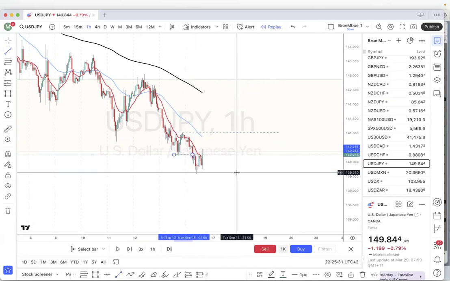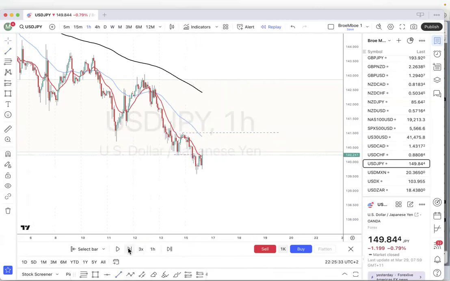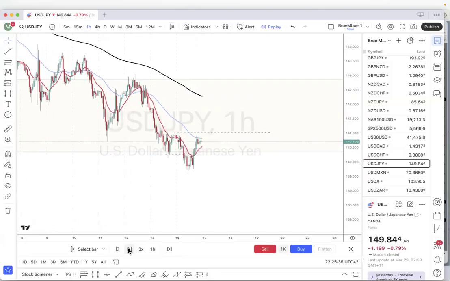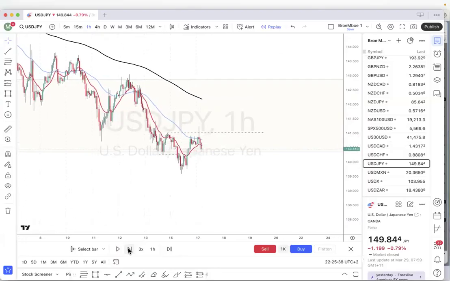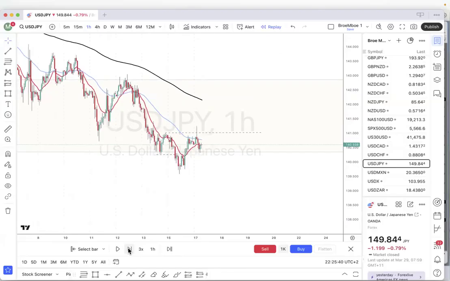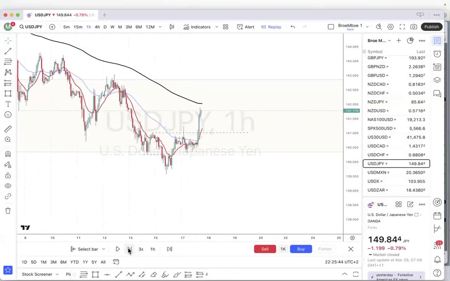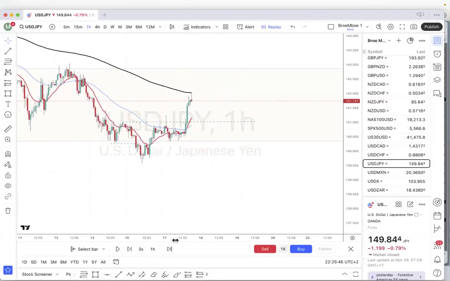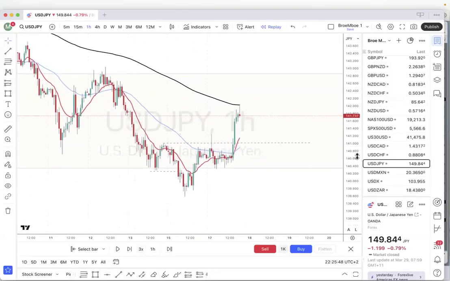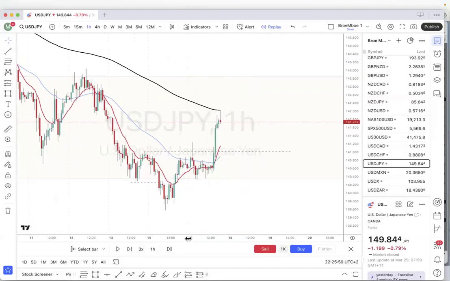So what you want is price to close above for you to say, yes, this is a buy. You see that? Price hasn't closed above. Now price has closed above.